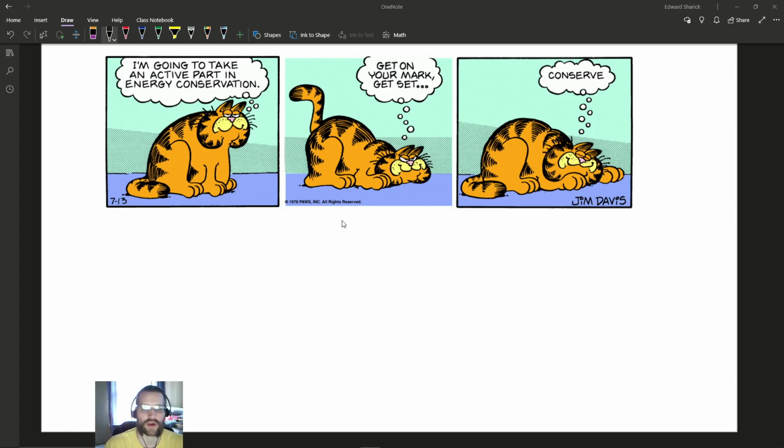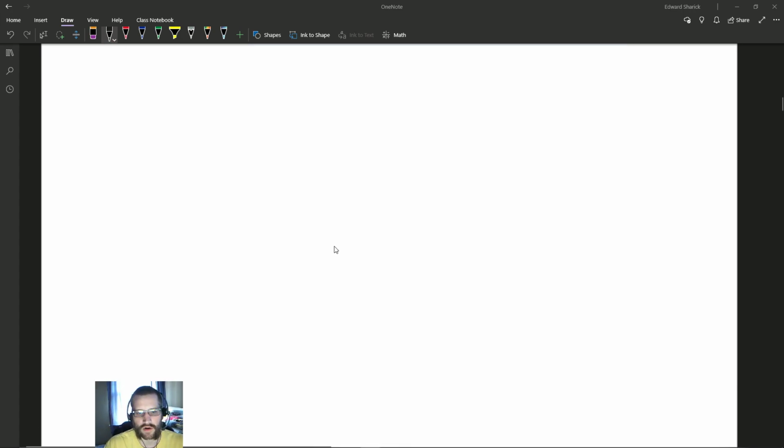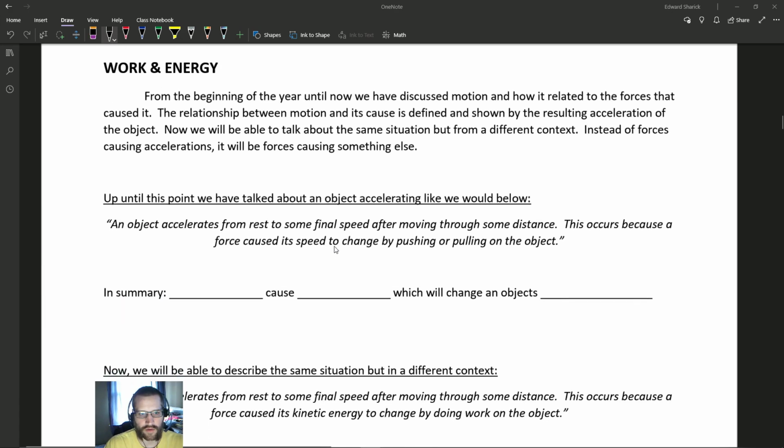It's really a different way of looking at physics. So far we've been looking at forces and kinematics, and energy is a different way of approaching a lot of the same problems.